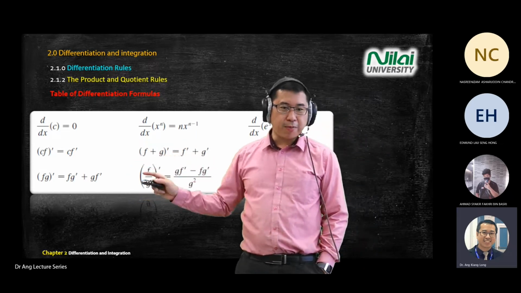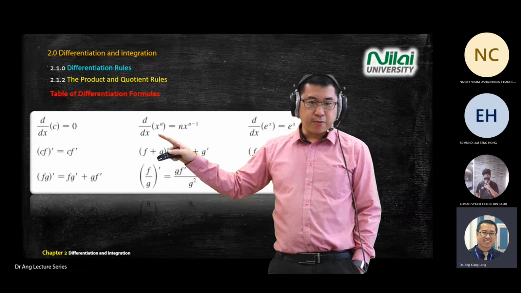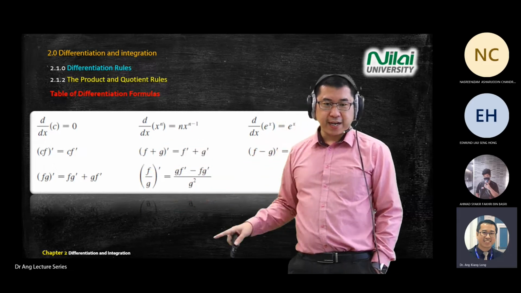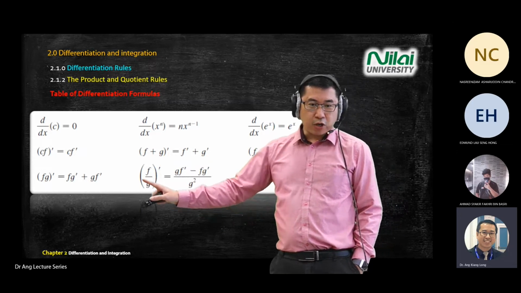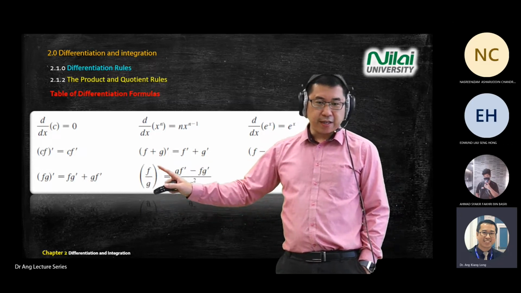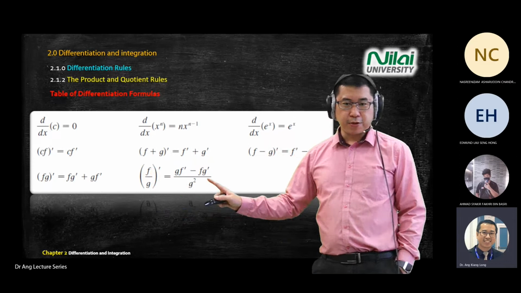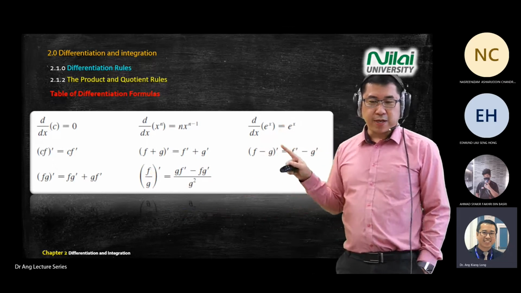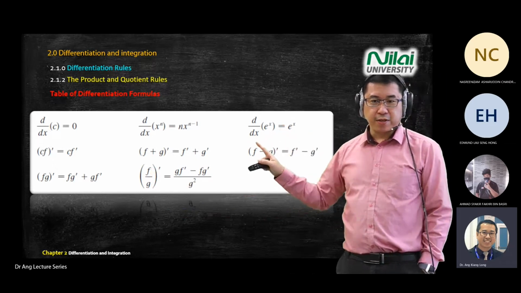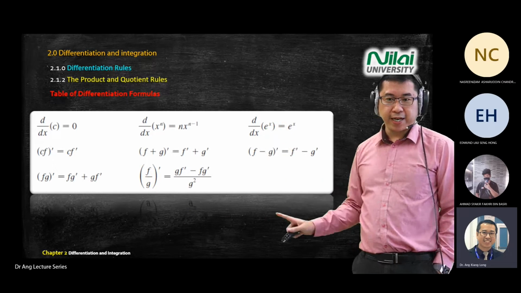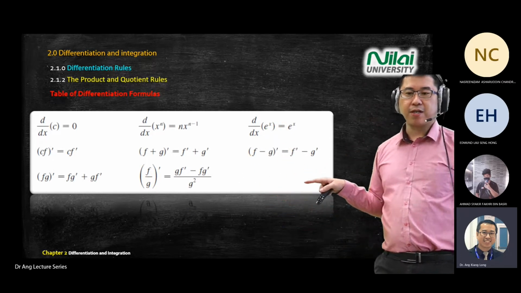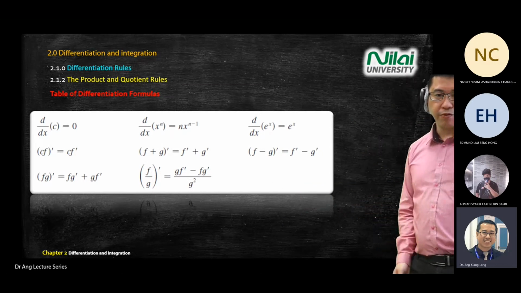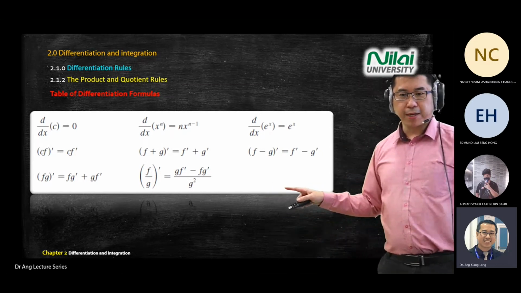You see, the comma means differentiate. When you have an x, what do you get? When you have multiplication, what do you get? When you have a quotient, divide one, top and bottom, you use this one. And this one, I think Shakir is an expert already. When you differentiate e power x, what do you get? And this one is minus 1 you get. Okay, so this is just a table for you to do revision. Important table.